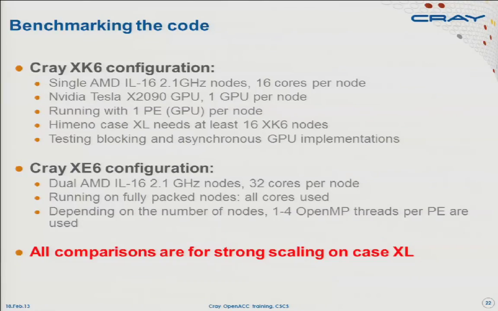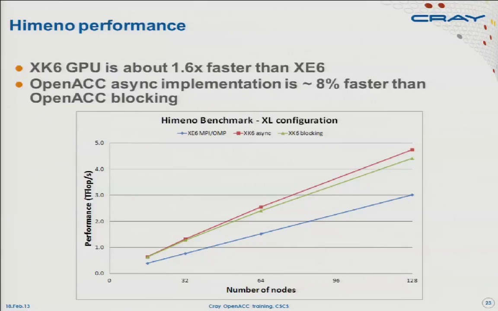I'm afraid the performance tests I've got for this are on an old system. On the newer XK7 with a better GPU, the GPU tends to go faster. But looking at the performance, the best performance we could get on the CPU was a hybrid MPI OpenMP, scaling very nicely out to 128 nodes.